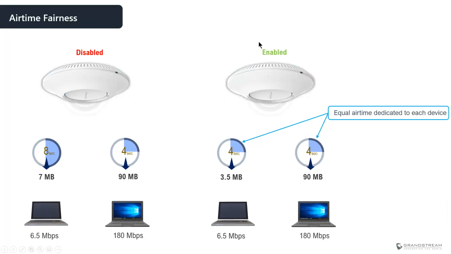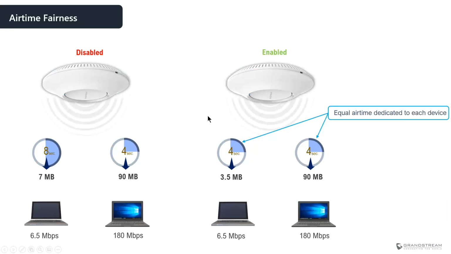So when you enable airtime fairness, you basically divide the time between the two. The high rate device will not have to wait for 8 seconds. They're going to use equal time to send their data. The advantage of enabling airtime fairness is that the high rate devices will not get slowed down by slow devices.